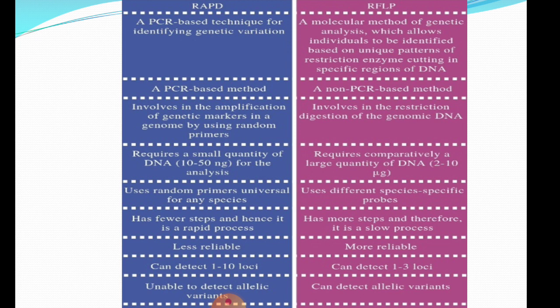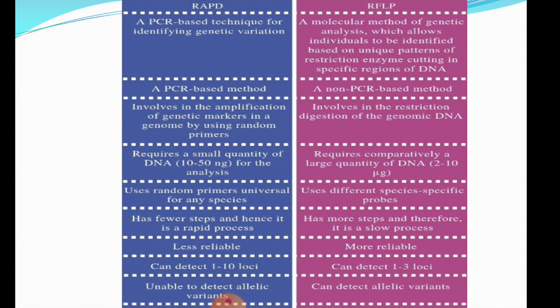But RFLP is a molecular method of genetic analysis which allows individuals to be identified based on unique patterns of restriction enzyme cutting in specific regions of DNA. So this is a PCR based method and this is a restriction digestion based method.